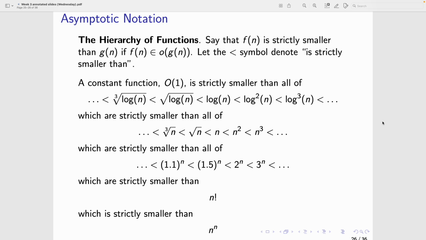So, to motivate this a bit, there's a sort of hierarchy of functions that comes up in computer science and math in general, really. We want to express some sort of notion of functions being greater than or less than each other.